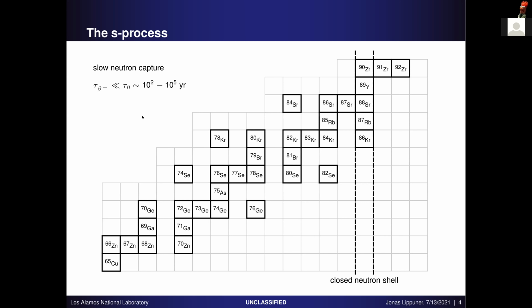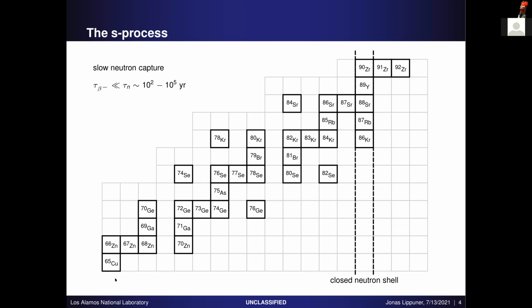Here, what I'm showing is a cross section of the chart of nuclides. Very familiar: the number of neutrons increases to the right, the number of protons upwards, and the squares that are labeled are the stable isotopes. Let's say we start with some copper 65, and we have a few neutrons around.